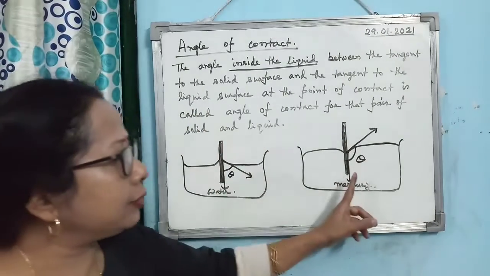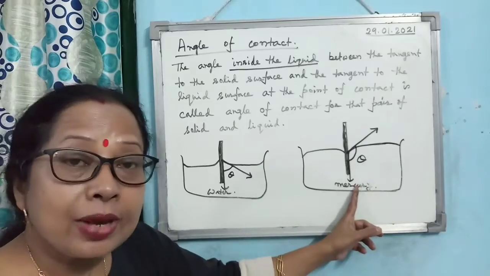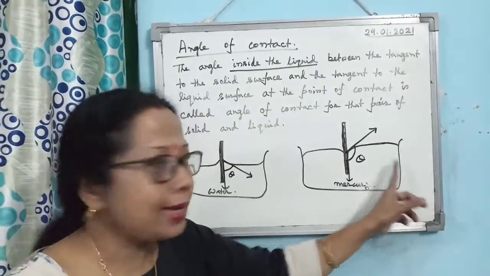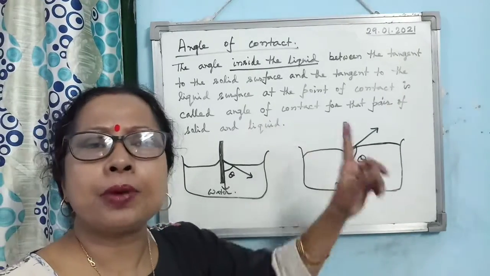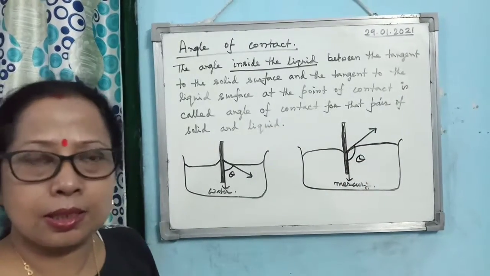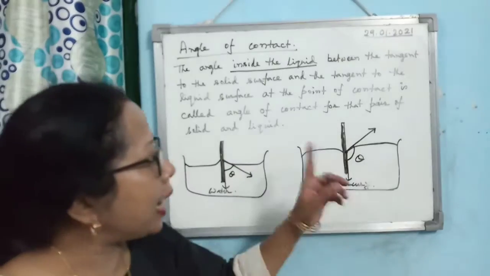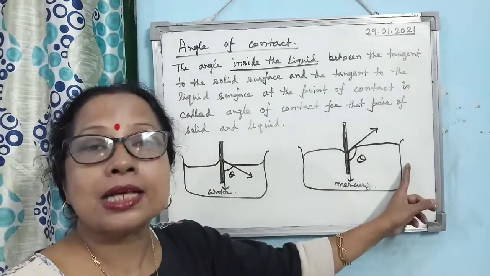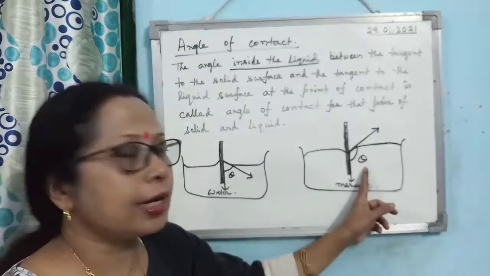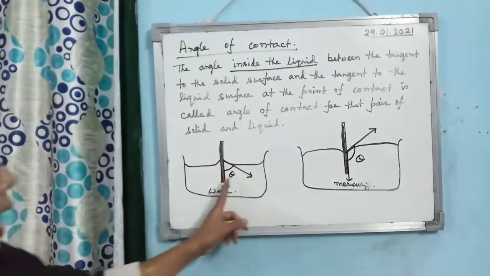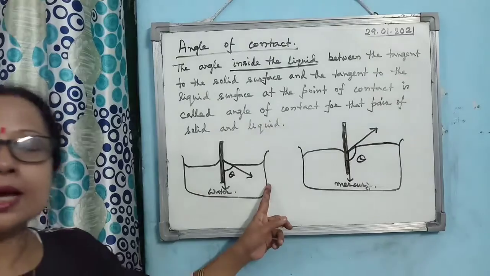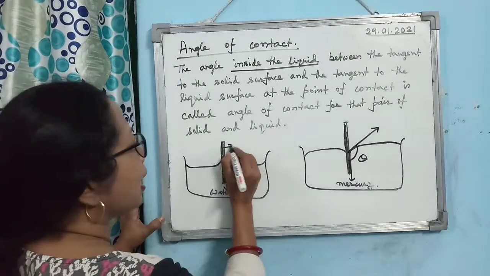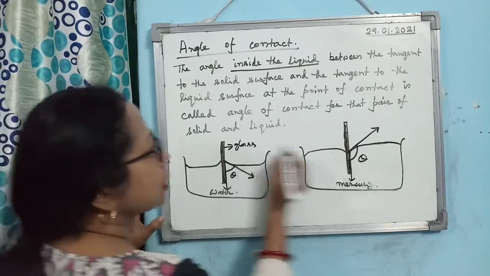So what you are observing is that the angle of contact for the mercury-glass pair is obtuse. Very important concept in physics. You should remember it lifelong: for the mercury-glass pair, the angle of contact is obtuse, whereas for the water-glass pair, the angle of contact is acute.